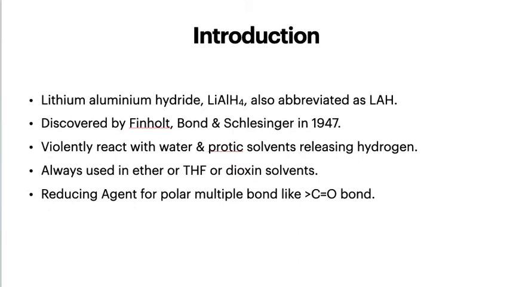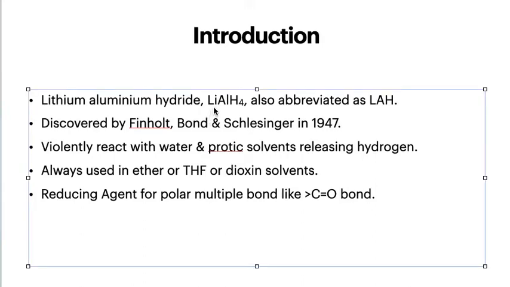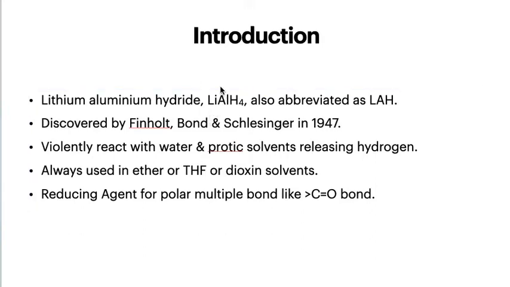Let us see the introduction of lithium aluminum hydride, having molecular formula LiAlH4. It is also abbreviated as LAH. It was discovered by the scientist Feinhold von Schlesinger in 1947.